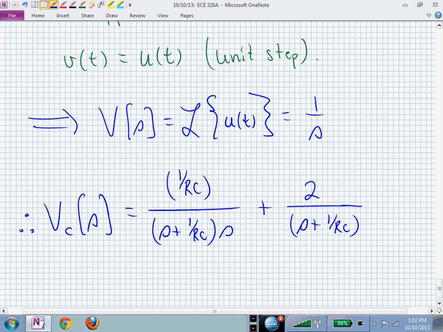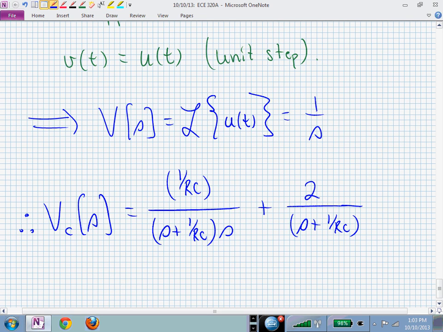If you wanted a 10 radian per second bandwidth, then you would pick 1 over RC to be 10. If you wanted your low-pass filter to have a bandwidth of 100 hertz, then you would pick 1 over RC to be 2 pi times 100. This is an omega quantity, so it's now 200 pi, and you would set 1 over RC equal to 200 pi.